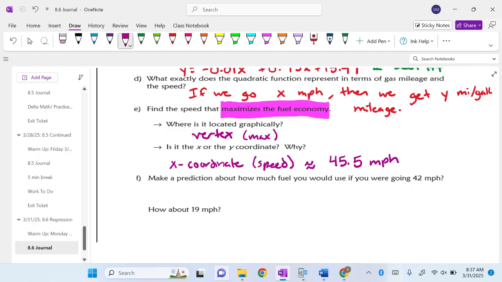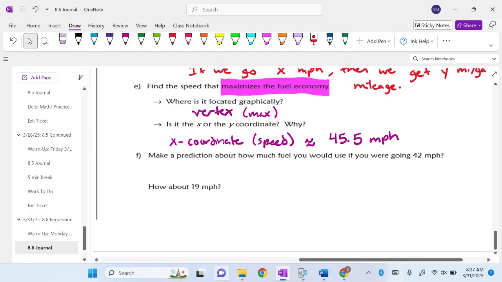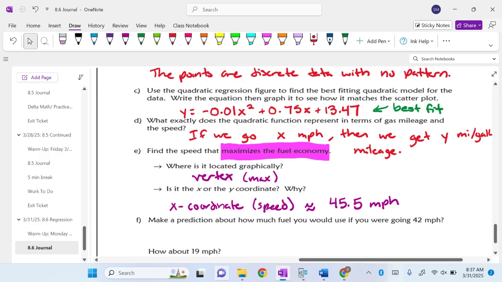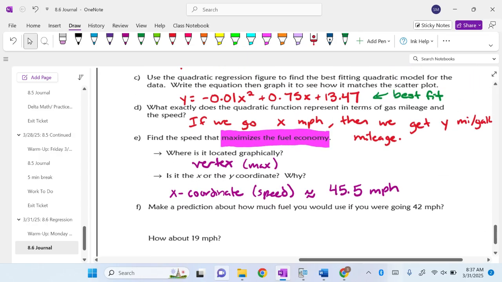Now, make a prediction about how much fuel you would use if you were going 42 miles per hour. So, how do you think I'd find that? You could replace x. So we could take our original function up here and replace x.